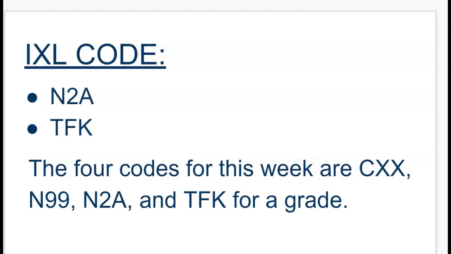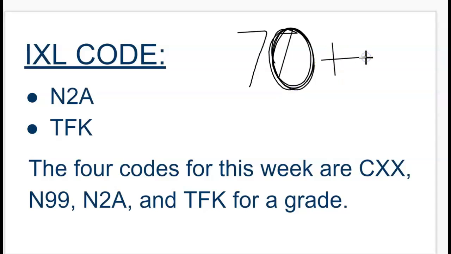Please make sure that you have a 70 or above, or at least a 70. A minimum of 70. Those are those keywords there. No smaller than 70. So you have to have 70 or above on each of those 4. If you do that, then you will have 100 for this week.